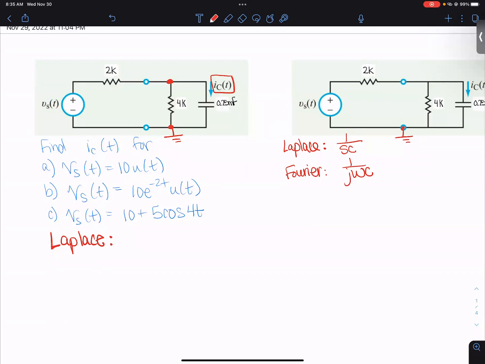For the Laplace, because we are doing u of t at t equals 0 minus, VC of 0 minus will be 0.